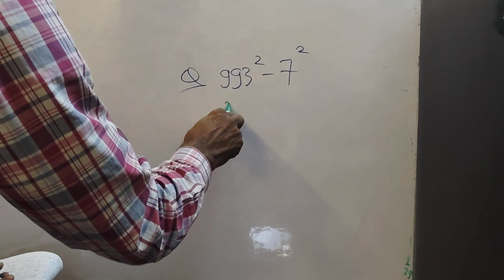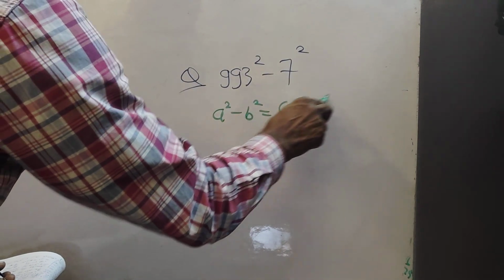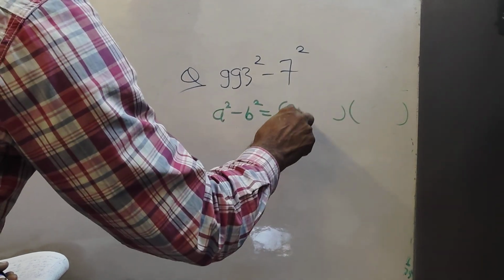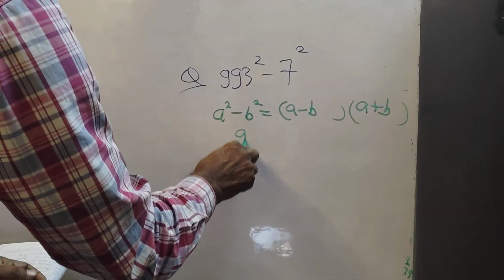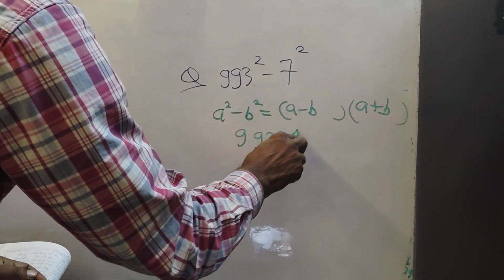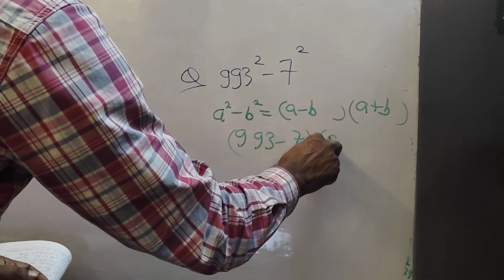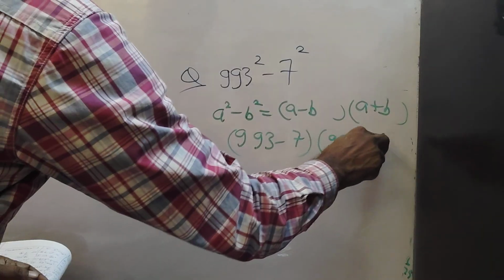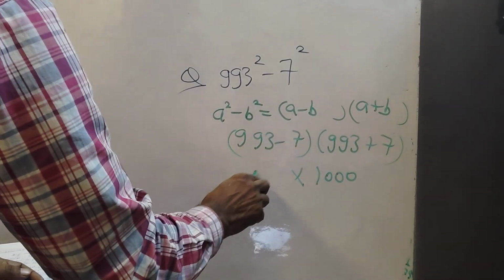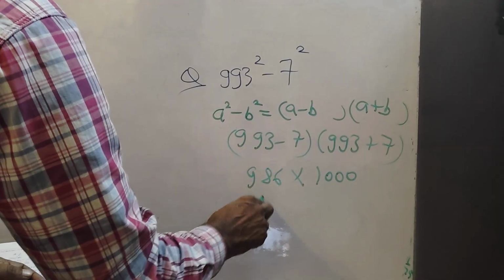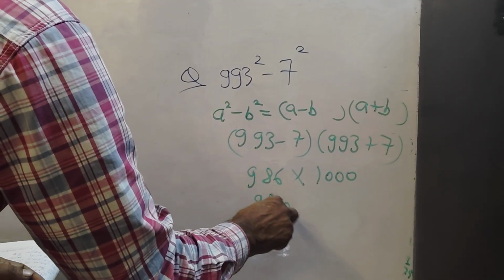Again we are using the identity a squared minus b squared equals (a minus b)(a plus b). So a here is 993 and b is 7, so (993 minus 7)(993 plus 7). So plus 7 gives us 1000 and minus gives us 986. So the answer is 986000.